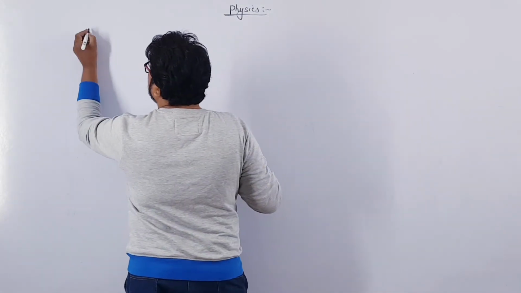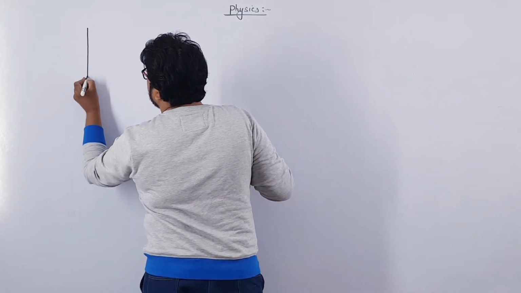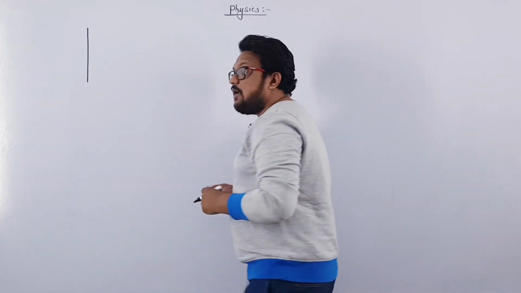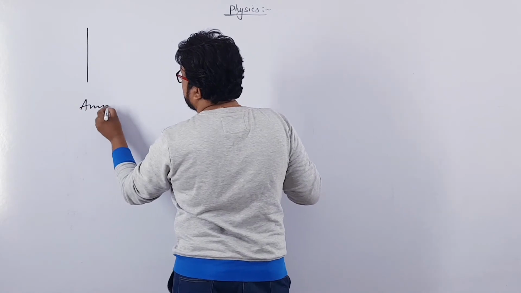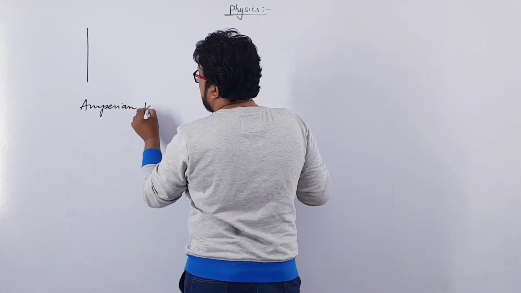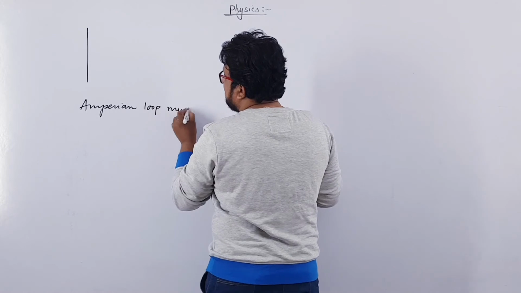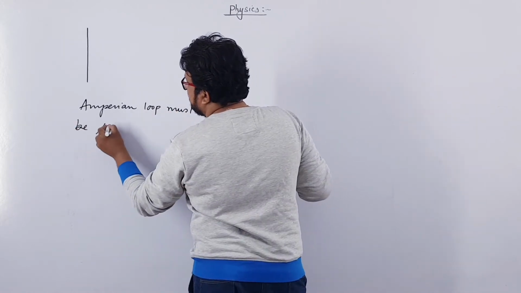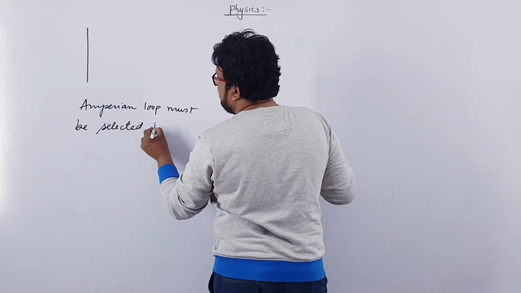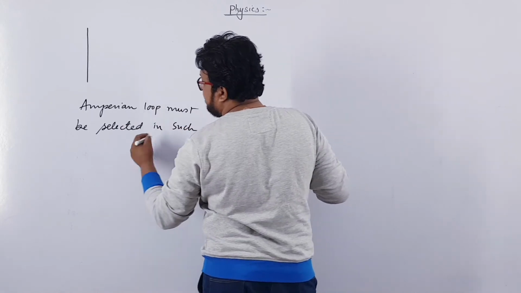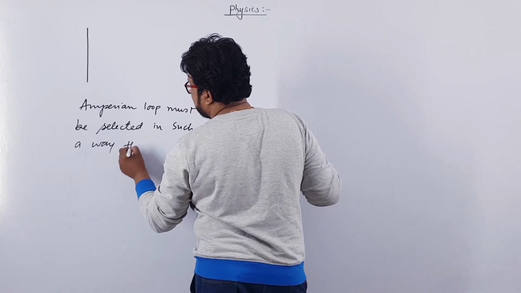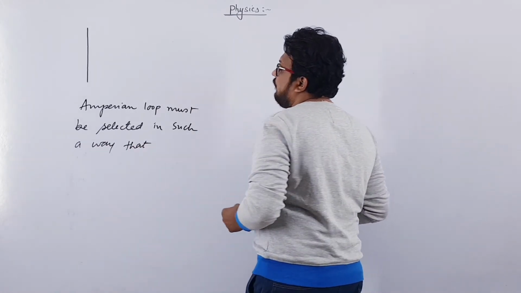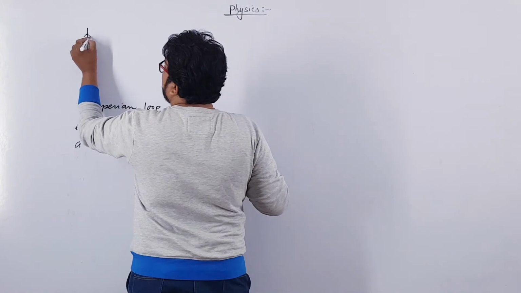Say for example, if we have a straight current carrying wire, then we have to select an Amperian loop. Look, for this current carrying wire, let us say current is flowing in the upward direction.